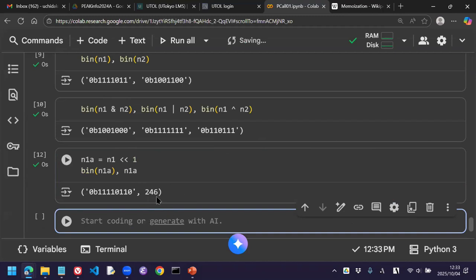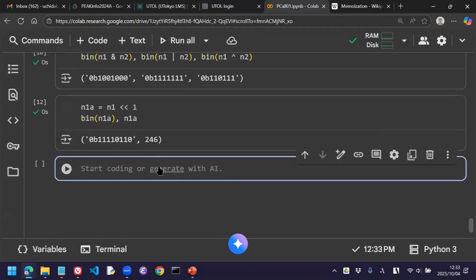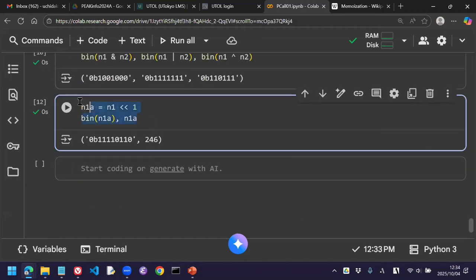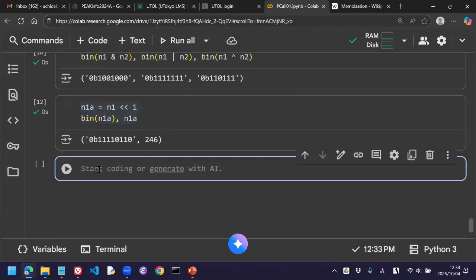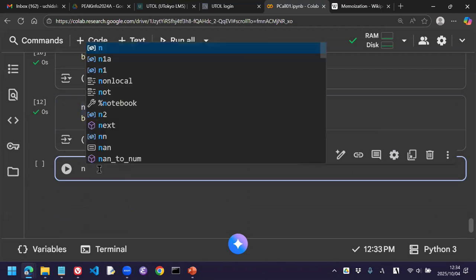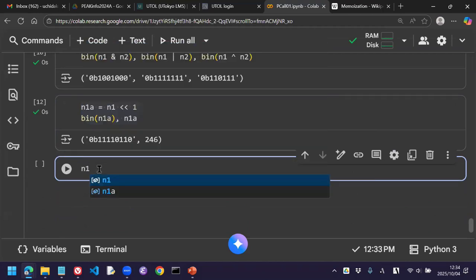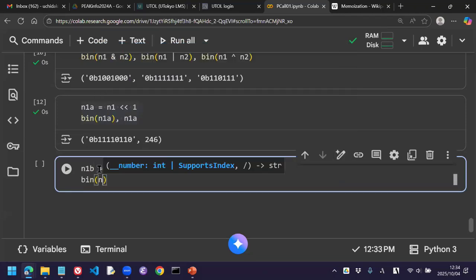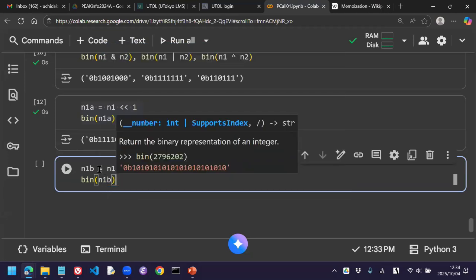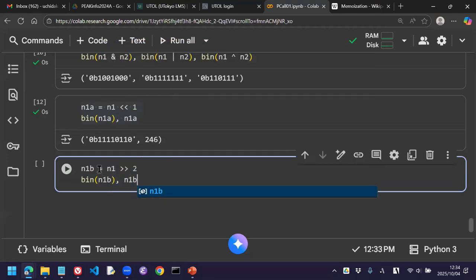The same applies for the other shift. For example, if we do the same thing for n1, n1b equals n1 shifted by 2.